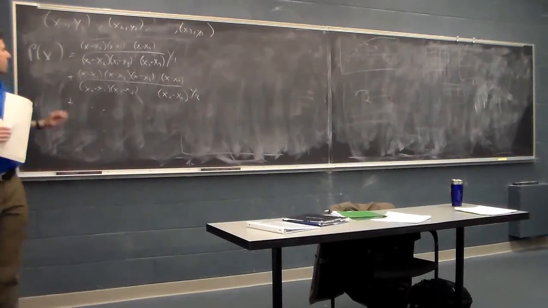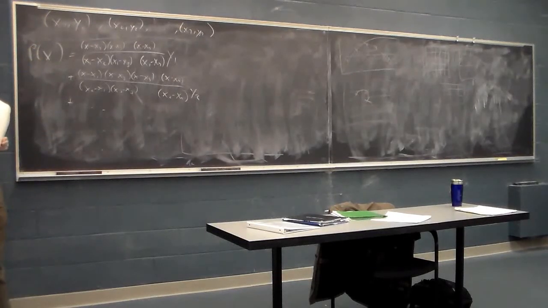And I'll assert that this is a formula that actually gives you a polynomial of degree n minus 1 that passes through all of the data points. So is it clear what the pattern is here?